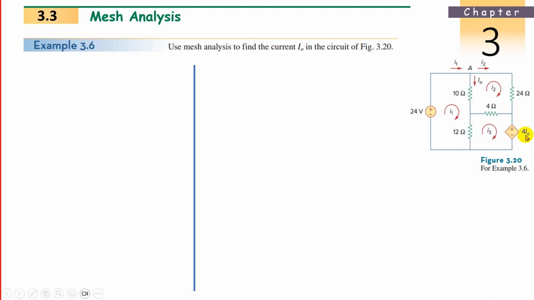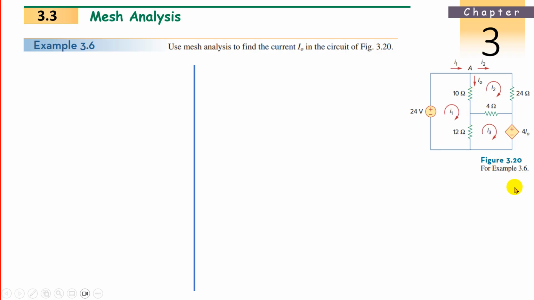We want this I0 equation because I0 is a more unknown value. So we have to rearrange with the loop values only. This is I0, downward. I1 is downward, so that is the reference, I1, and I2 is upward. So I1 minus I2.